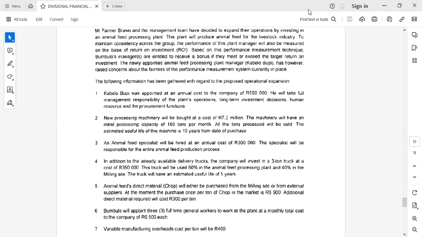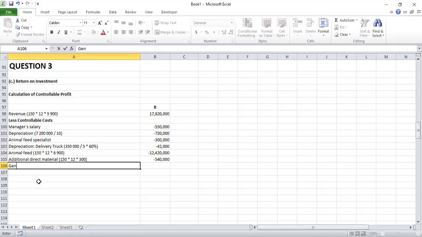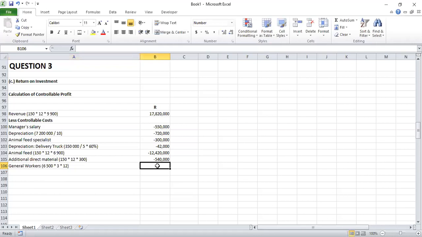So, the salary per month 6.5, multiply by 3 because there are 3, then multiply by 12 because we have 12 months. What will we have there? $234,000.